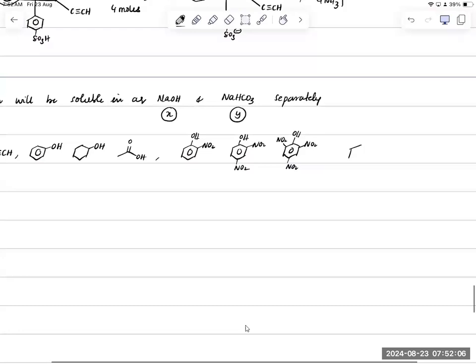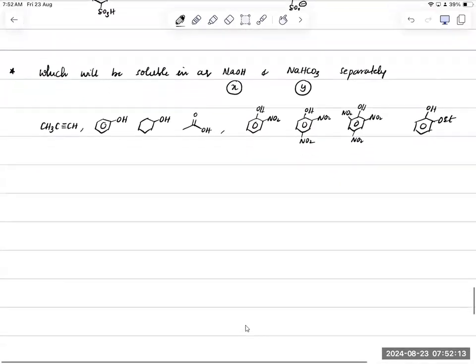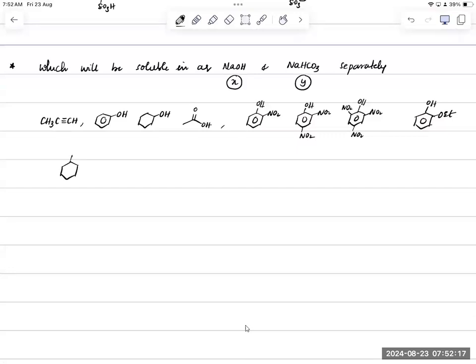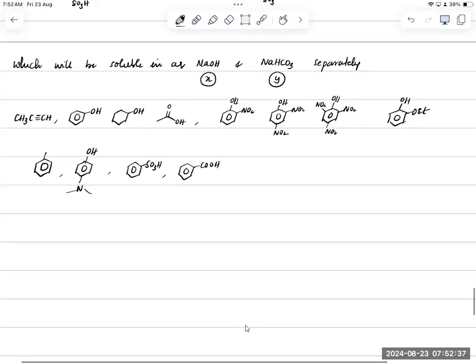Okay. Next we have OH and OEt. Then we have toluene, only toluene, and I have OH with N, and this SO3H, benzoic acid.